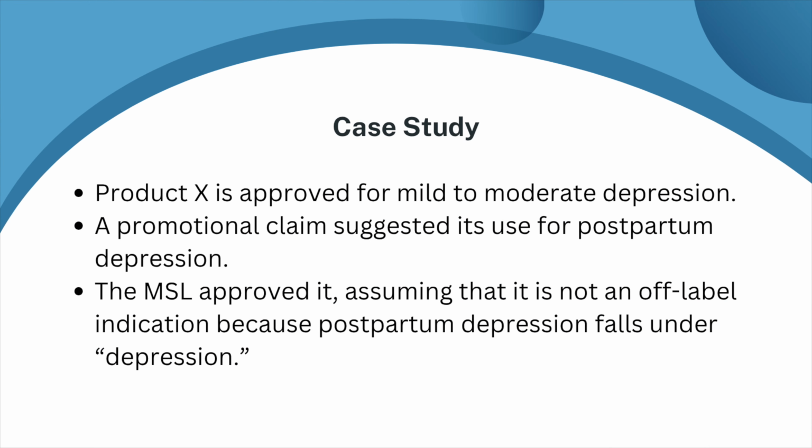The MSL received the promotional material to review and approve with the promotional claim suggesting its use for postpartum depression. And the MSL approved it, assuming that it is not an off-label indication because postpartum depression still falls under depression. This is completely wrong and was picked up by the auditors later on and was classified as off-label promotion.